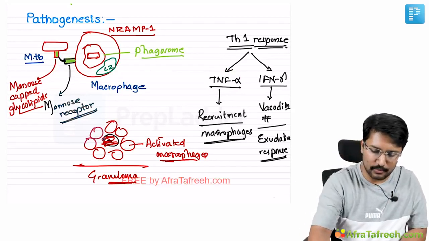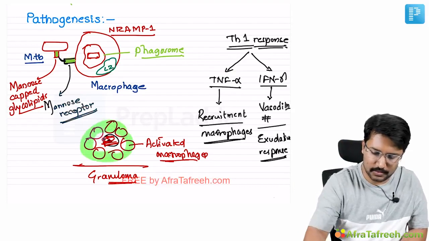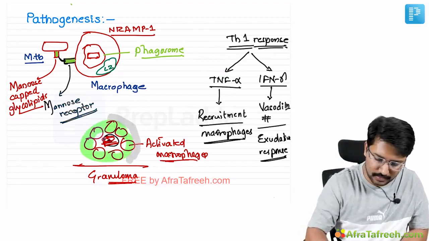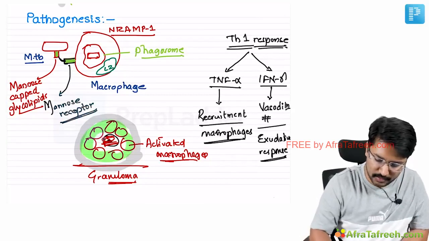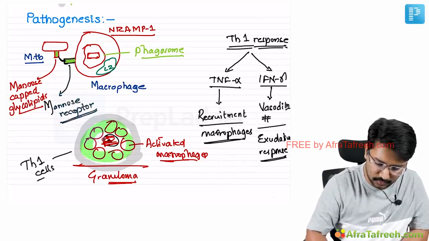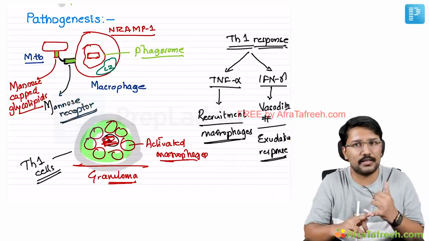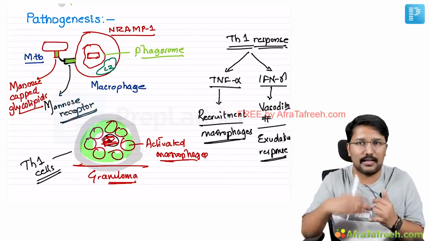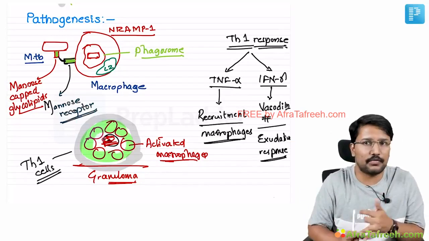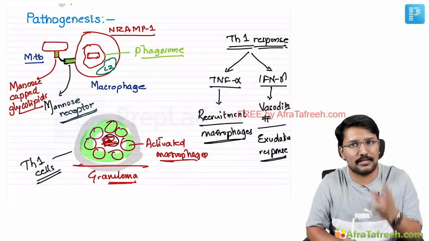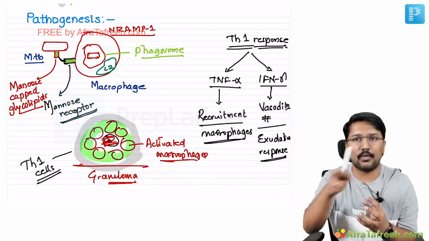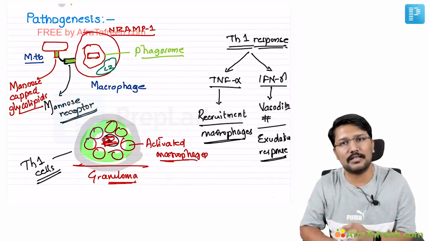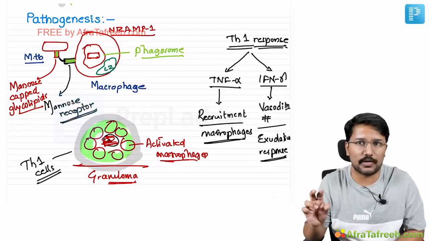So surrounding this rim of macrophages, you will have another rim in the granuloma, comprising your Th1 cells, right? So at the core, there are infected macrophages and the caseous material, the end result of the death of those infected cells, that is caseous necrosis, surrounded by activated macrophages, surrounded by Th1 cells. So these Th1 cells are required for maintenance of this granuloma.